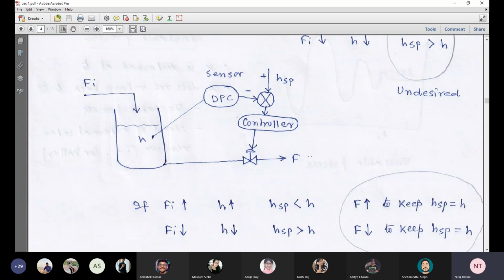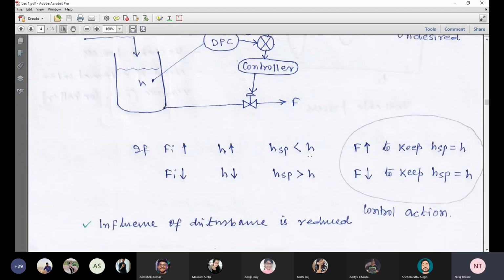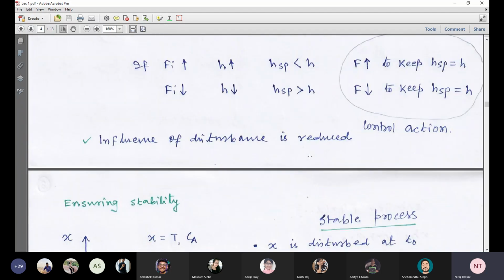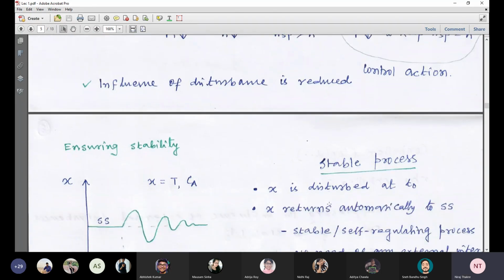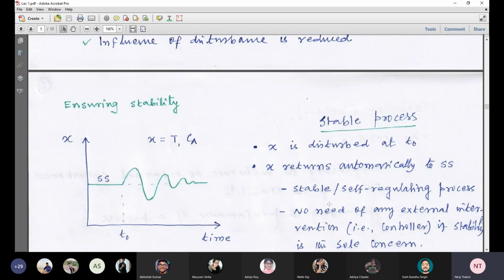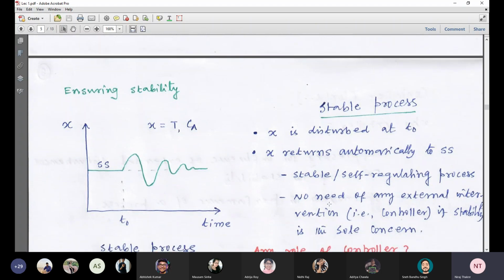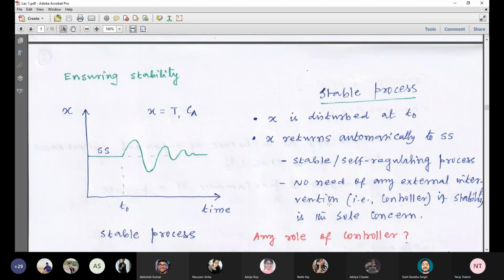Fine. Now let us come to our second issue, that is to ensure the stability of a process. First you draw this graphical representation, then we will discuss. Draw this graphical representation of a stable process, which is shown on the left hand side.